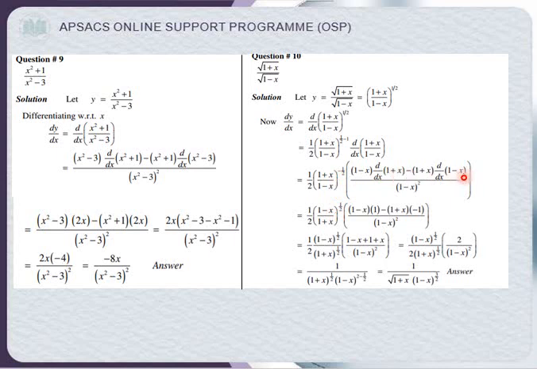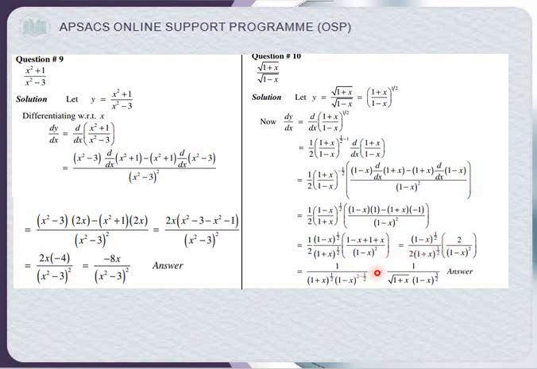What is the derivative of minus x? Minus 1. You can see 1 plus x times 1 minus x times 1, and minus minus plus 1 plus x. Plus x minus x we can cancel, so only this thing remains. So these two we can cancel.